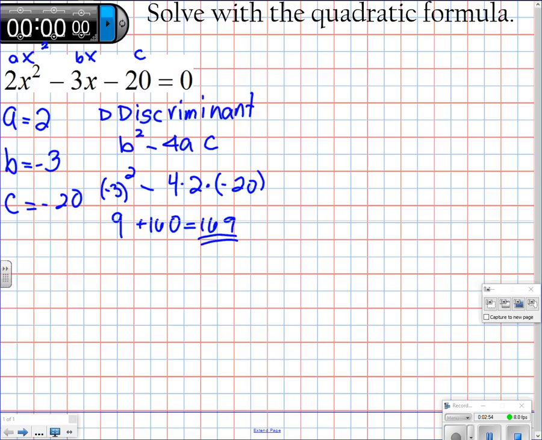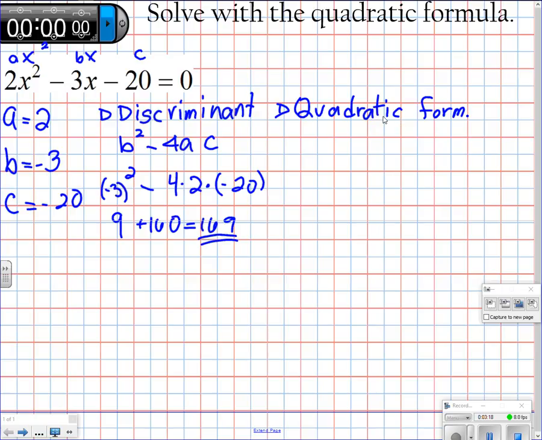Okay, now next I want you to use what we call the quadratic formula. So I'm going to write the quadratic formula, and like the discriminant, if you want to, you can memorize it, or just bring your notes to the test or quiz and use it.